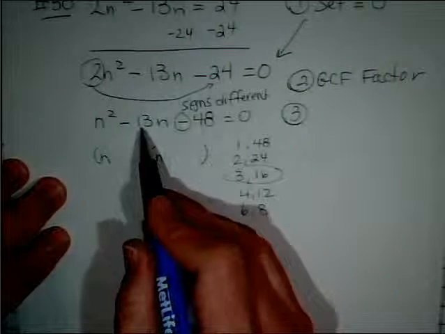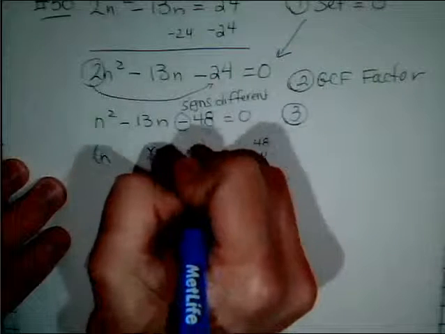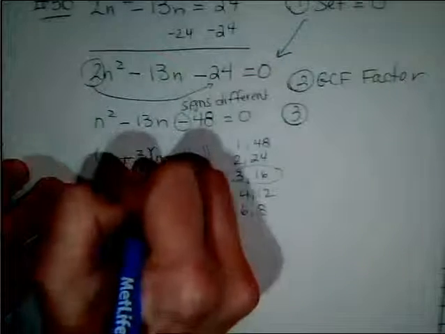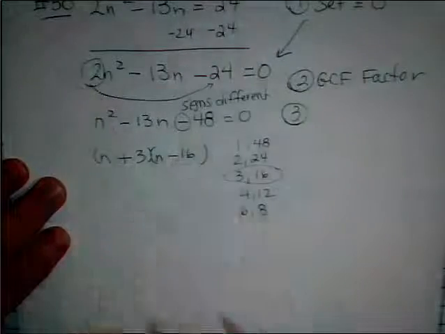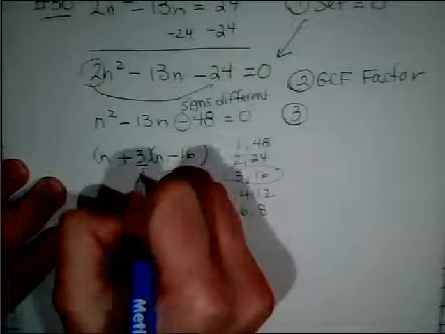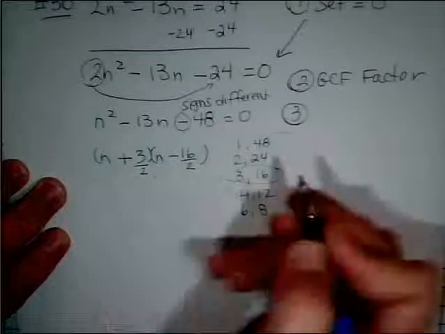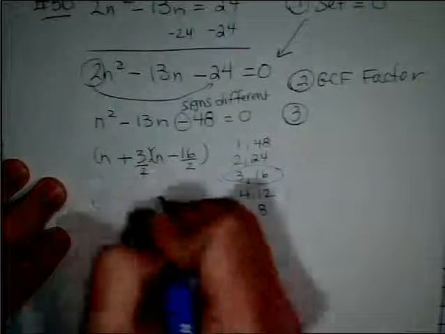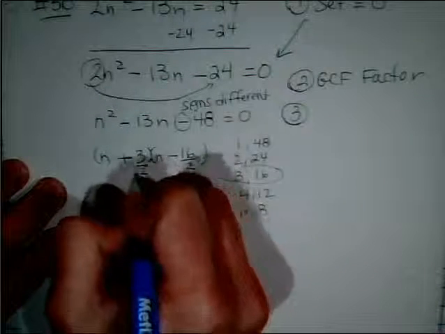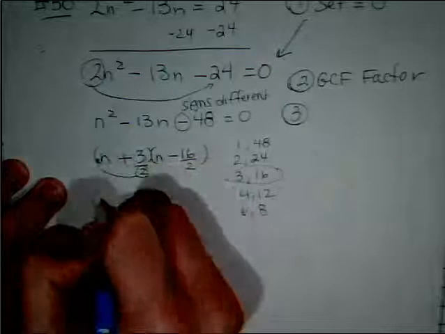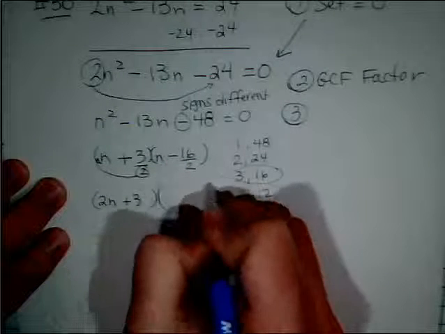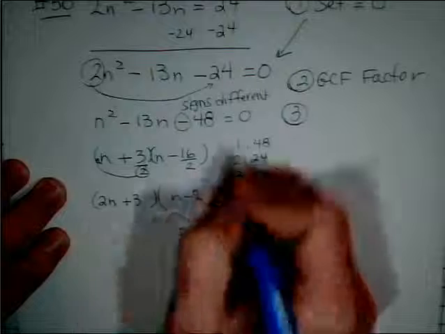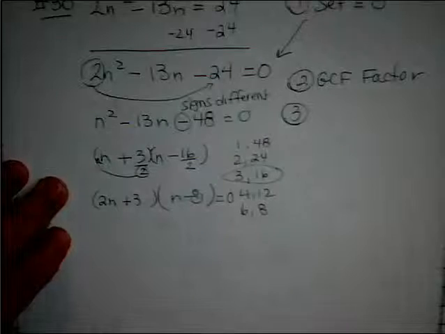It needs to be negative 13, so it would be minus 16. Now I slid my 2, so since I slid the 2, that is what I'm going to divide by. And so this doesn't work if it gives me fractions, so I'm going to slide it back in front. So I have 2n plus 3, and then I have n minus 8, and that's all equal to 0.